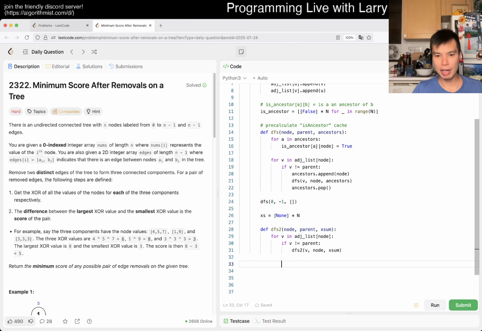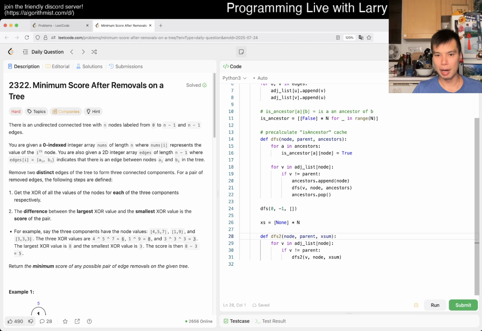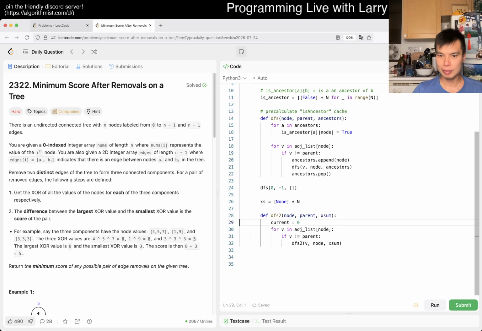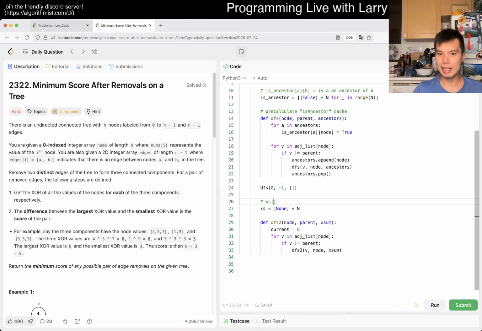Okay, so this is roughly right. We want to say xSums... oh no, we want to say, okay, yeah, current. We want the current is equal to, we want to store xSums of I is equal to the subtree XOR sum at node I, right?